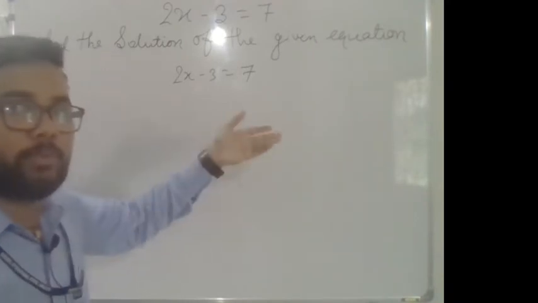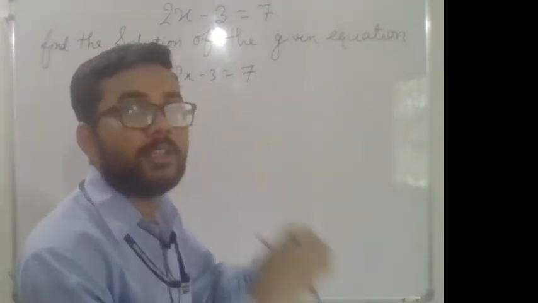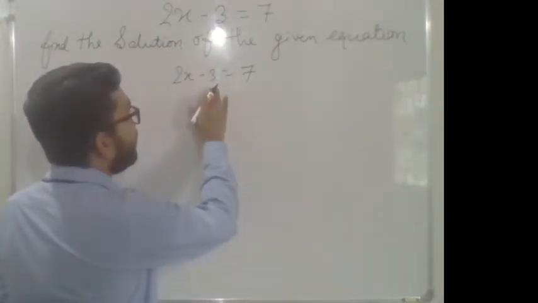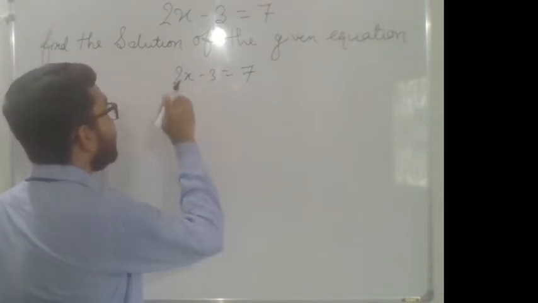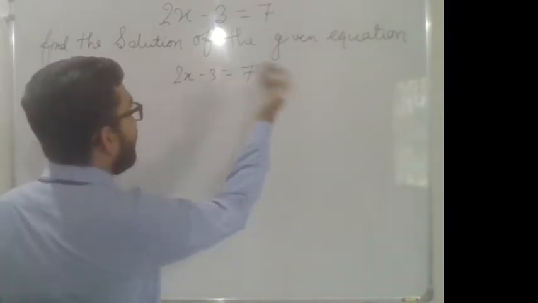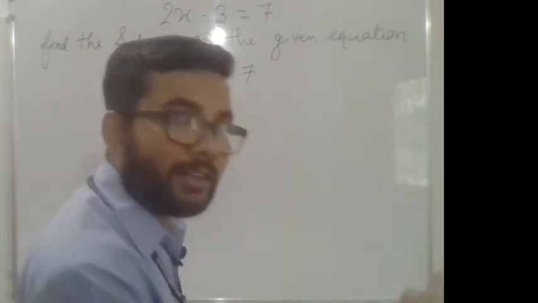The same transposition rule. Here minus 3 is a constant term. We will put all the variables in left side and constant on right side.